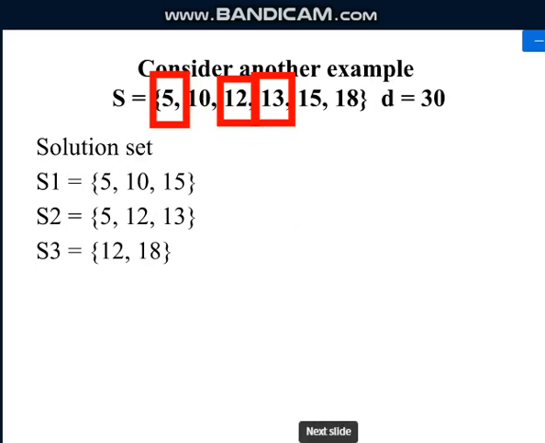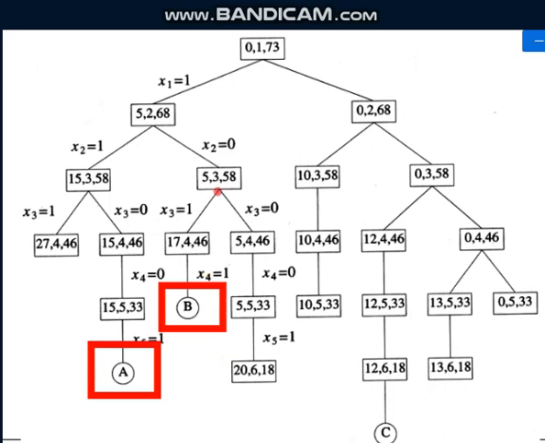Yes. So now again I'll track back. Again I will see, excluding 12, will I get a solution? Now I have only 5 in the solution set. I have excluded 12, I have excluded even 13. So what is the next value I have? The next value I have after 13 is 15.